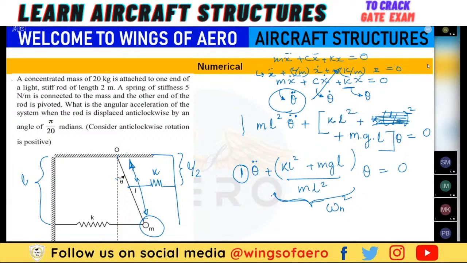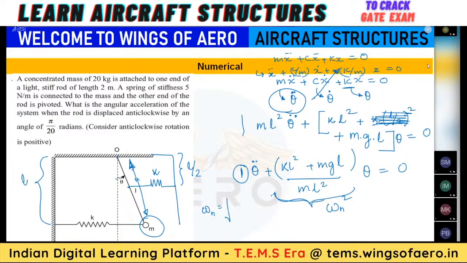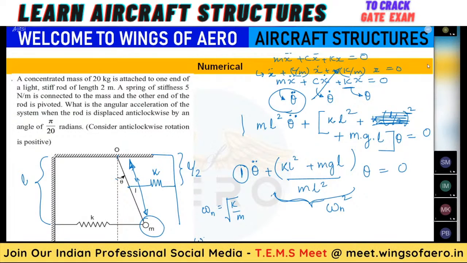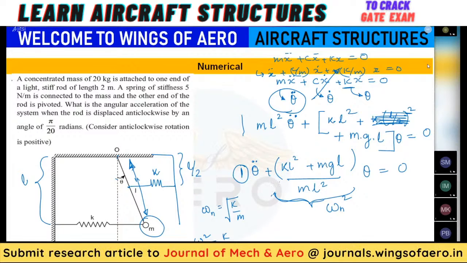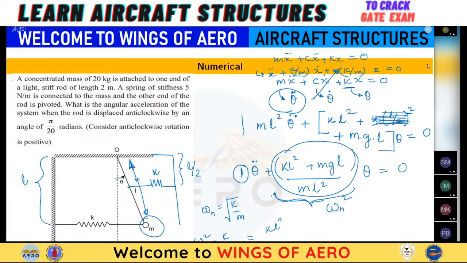Now we know natural frequency in terms of radian per second. Omega is root over k by m, isn't it? So omega square will become k by m. So this term will represent our natural frequency.